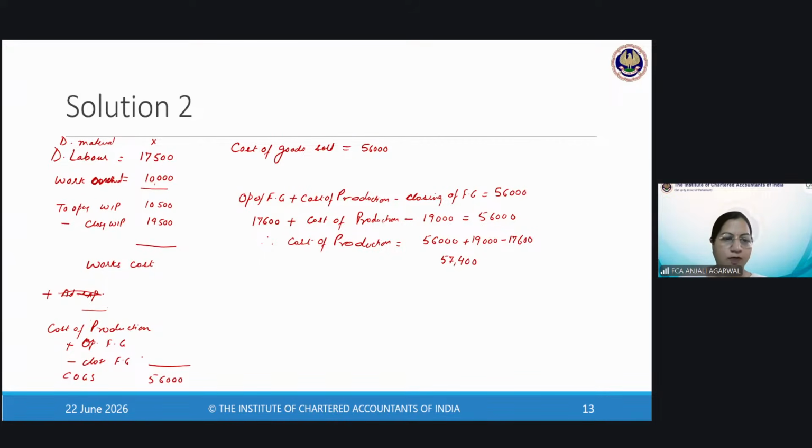Now from here you have to work backwards. Closing stock of finished goods is 19,000 and opening is 17,600. So moving backwards, 56,000 plus 19,000 minus 17,600 gives you cost of production of 57,400. Since administration expenses are not included, this becomes your works cost.